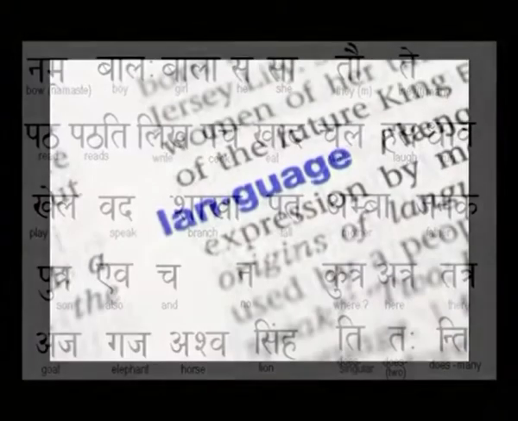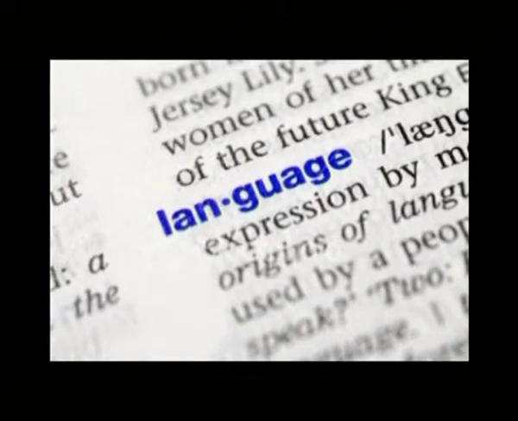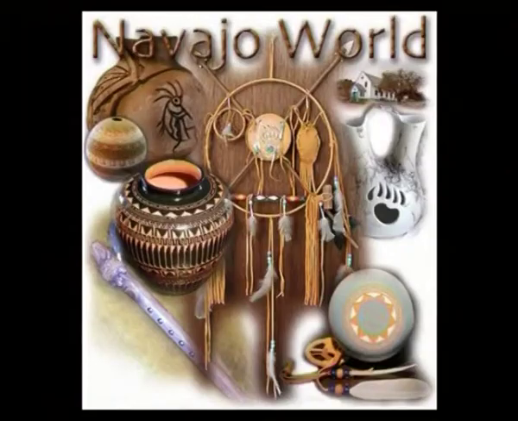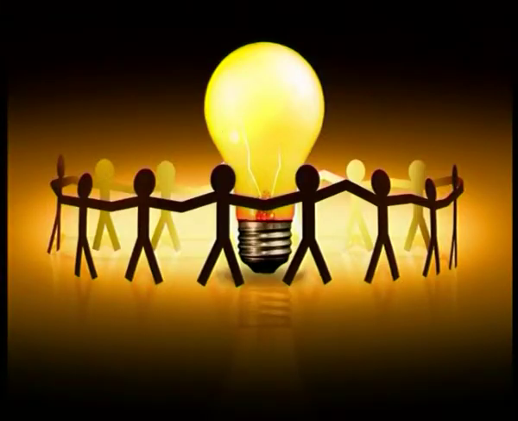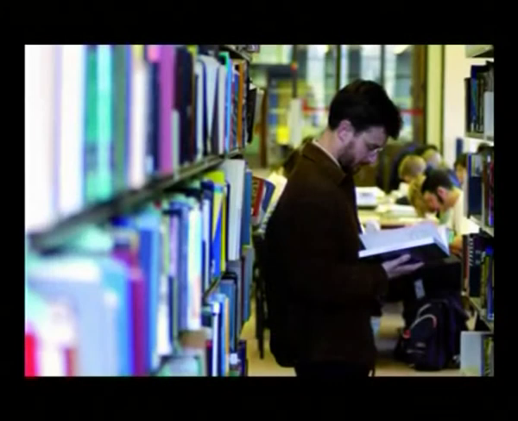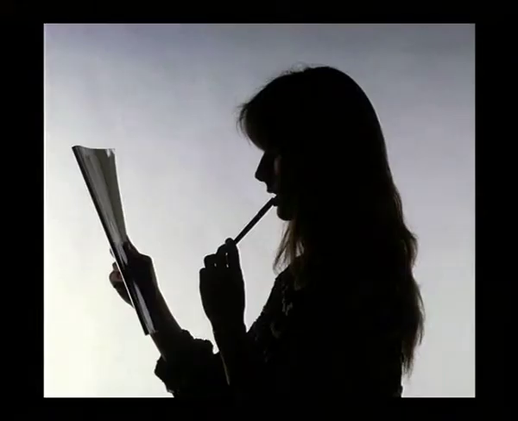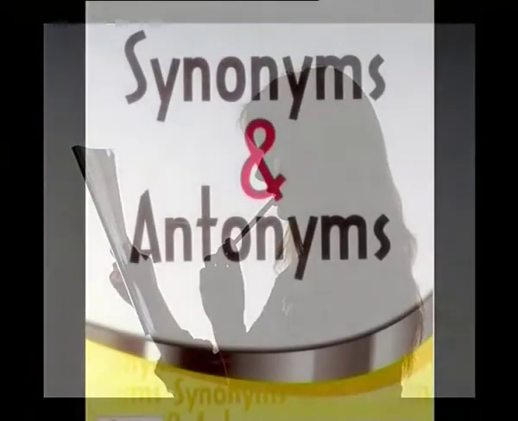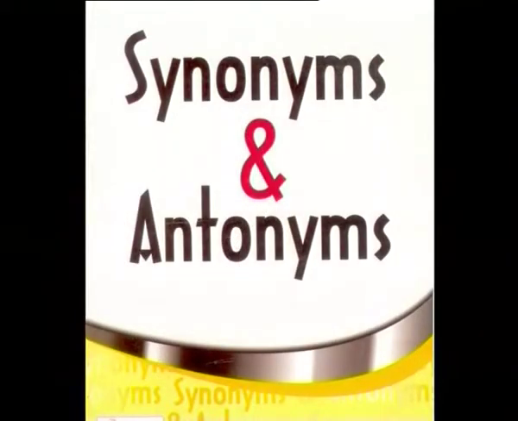The language can be a natural language, such as English or Navajo, or an artificial language like a computer programming language. Meaning in natural languages is mainly studied by linguists. In fact, semantics is one of the main branches of contemporary linguistics.